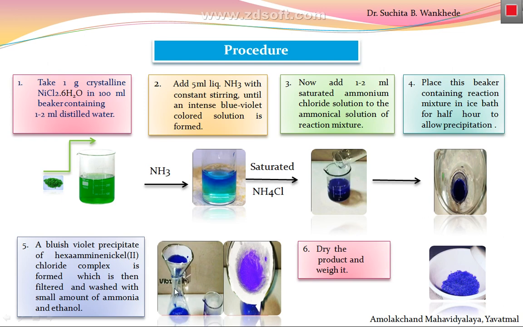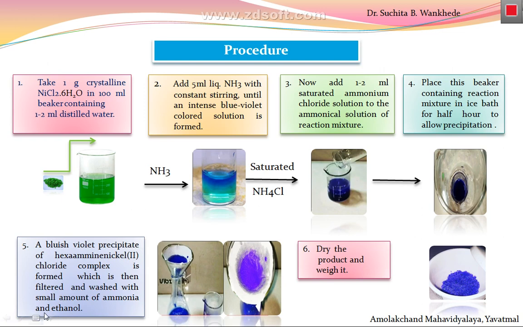After formation of the precipitate, the solution is filtered with the help of a funnel and filter paper. The precipitate is washed 1 to 2 times with ammonia solution, followed by washing with ethanol. We get a blue violet colored product, that is hexaamine nickel chloride complex, which is then dried and weighed.